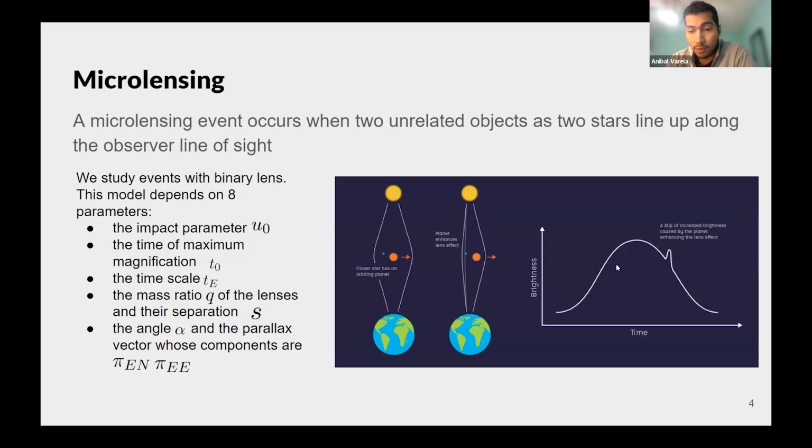So when one observes the microlensing signal, one can detect the presence of the planet in the signal of the Sun. For example, here this little bump is the signal associated with the planet.